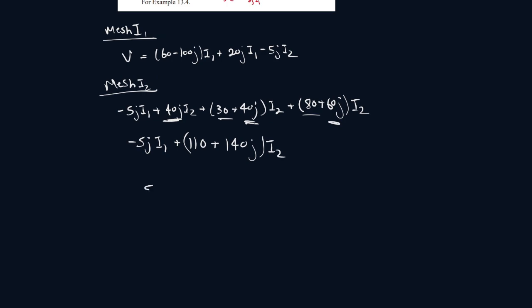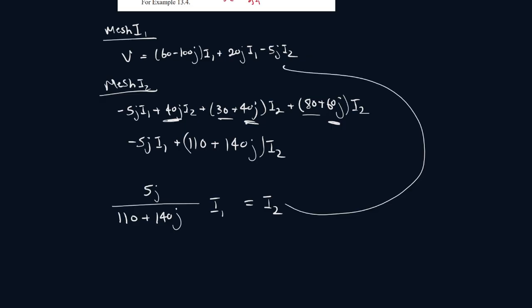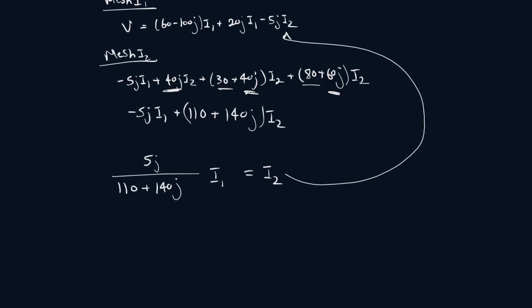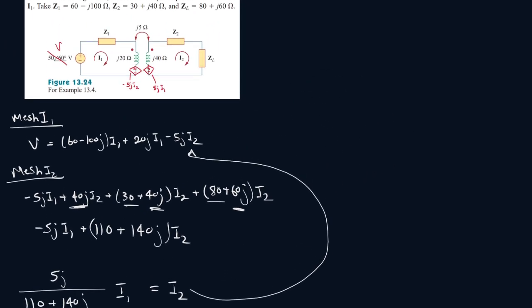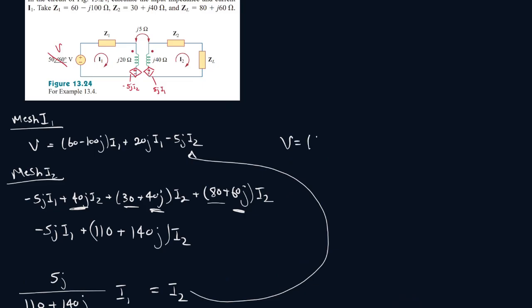So it's going to be 5J all over 110 plus 140J, I1, and that's equal to I2. And we're going to put I2 into here. So V is equal to 60 minus 100J, I1, plus 20J I1.